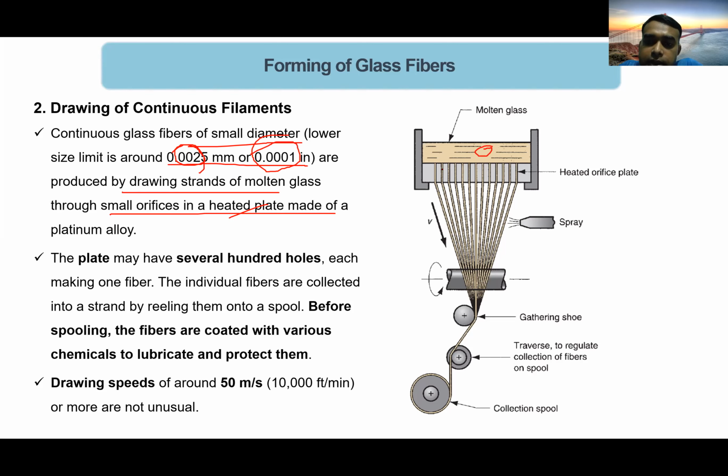This kind of orifices is available in the hot plate, and glass flows through these orifices with the help of air pressure. Then these materials are sprayed with cold air to get solidified, and once solidified, they are collected into the reel. Okay, it's a very simple process.